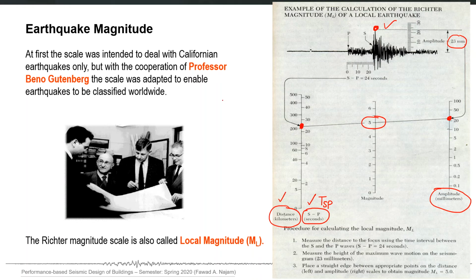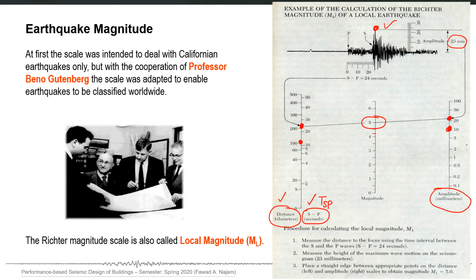So even if you don't have that standard seismograph installed at 100 kilometers, this kind of graph can convert that into any distance. So for example, let's join 100 kilometer and 10 millimeters, which we used in the previous slide. So this is 10 millimeter, this is 100 kilometer.